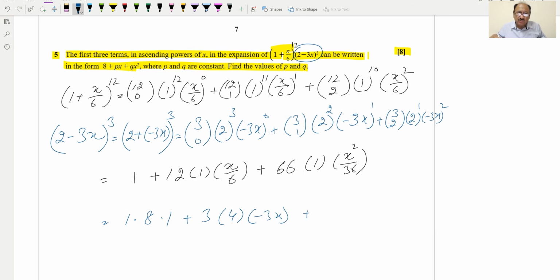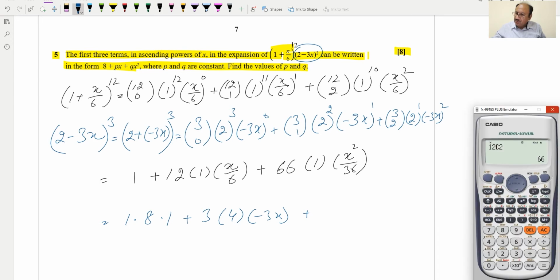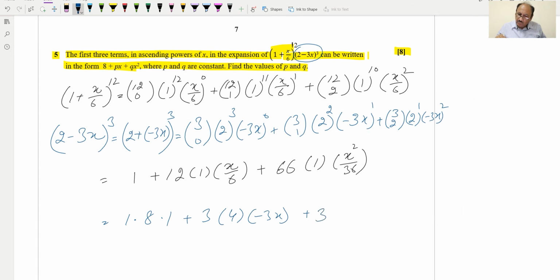will be 3c2, which will be equal to 3, yes. And 2 raised by 1 as it is, and minus 3x square will be 9x square. Further we can rewrite basically.